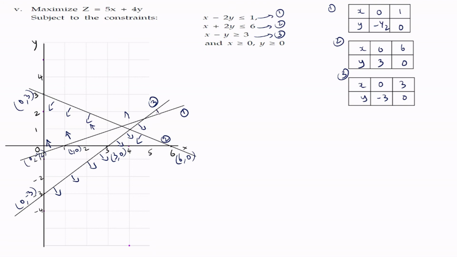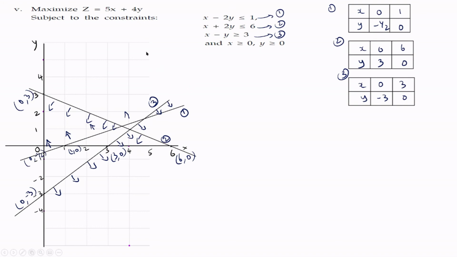So here we can see that there is no region which is common to these 3 inequalities itself. So there is no solution at all. And if we take the non-negative constraints also, x greater than or equal to 0, y greater than or equal to 0 is the first quadrant. So there is no region which satisfies all these constraints, or there is no point which satisfies all these constraints.